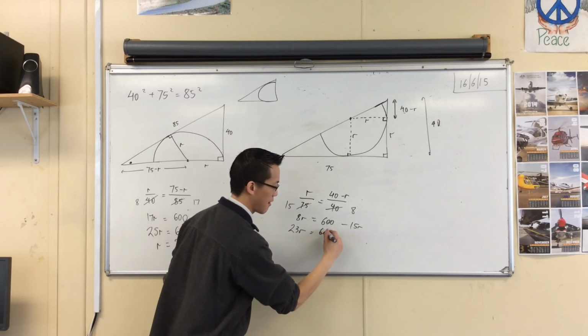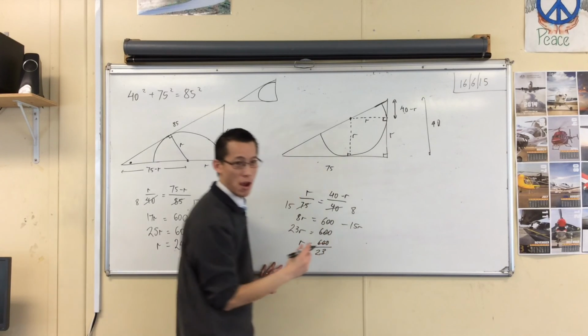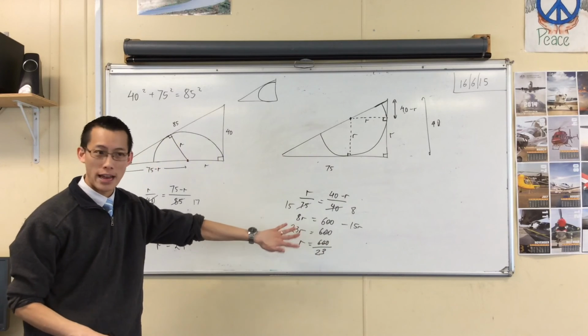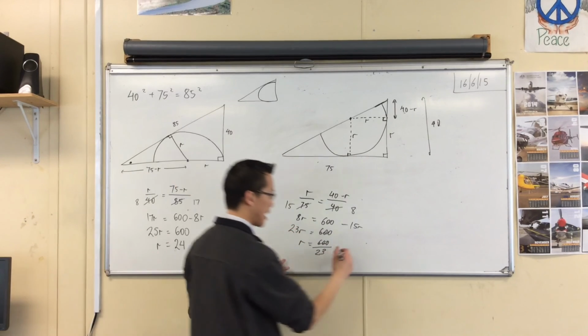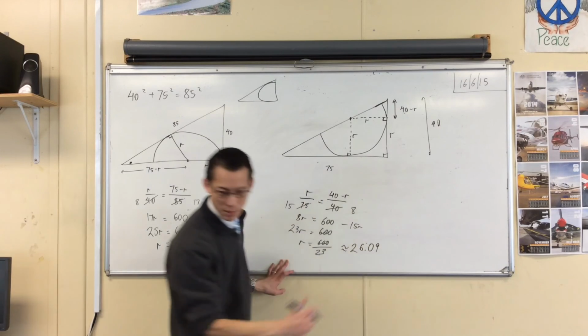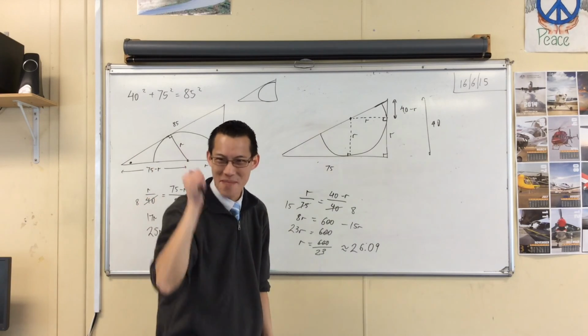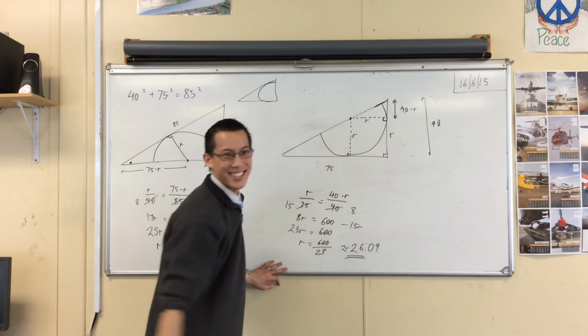Right? So therefore, and this is how I could so easily tell if you had the right answer or not, 23 is prime. So you can't simplify this fraction down any further. It happens to be approximately, if I'm right, 26.09. Let me just double check. Yeah, which is why I had to laugh when someone by measurement found 26, right?